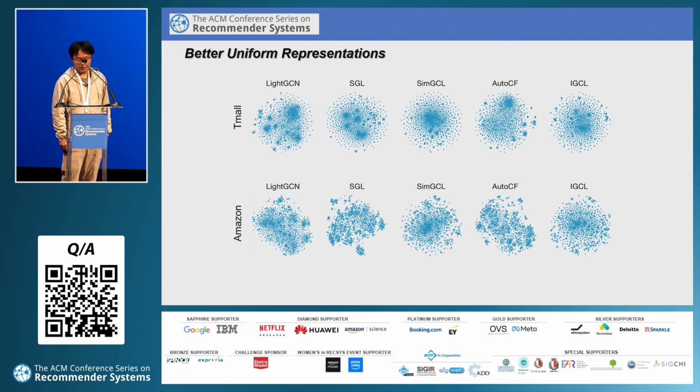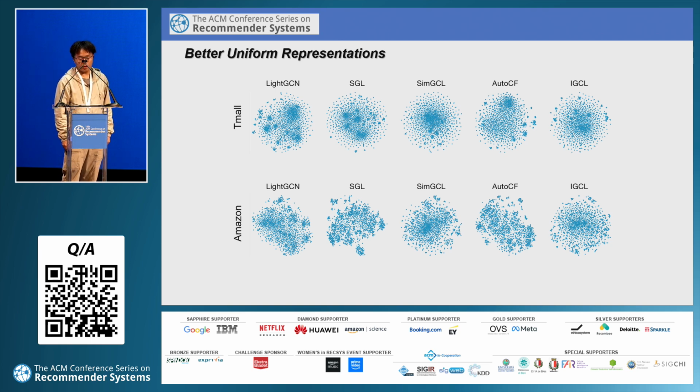The uniformity of the representation distribution can reflect the ability of the model to preserve the user's unique preferences for recommendation. We randomly sampled 2,000 users from Tmall and Amazon datasets to show the learned representations.